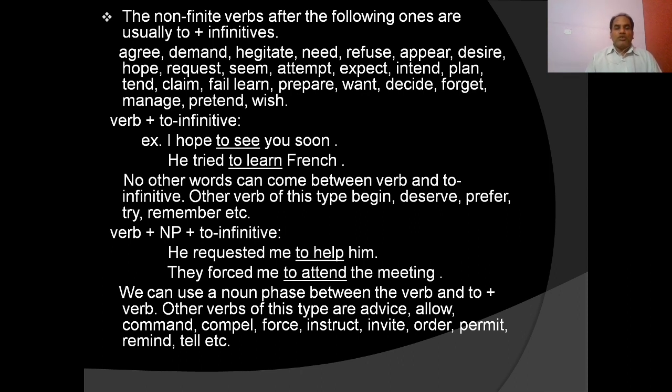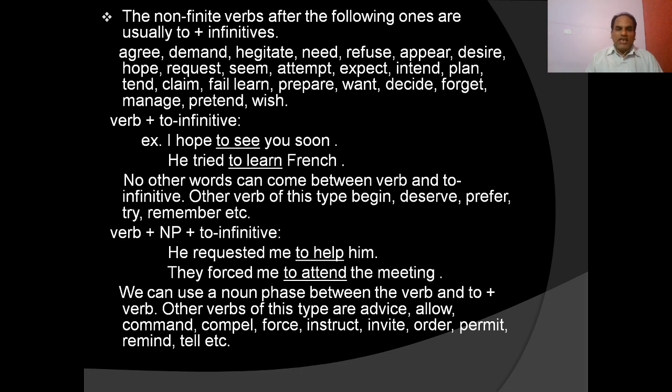So let us discuss two comparisons: verb plus to-infinitive, and verb plus noun plus to-infinitive. Verb plus to-infinitive means: I hope to see you soon. He tried to learn English. You see, hope is the finite verb, and after that, the to-infinitive is used. There is no noun phrase in between the main verb and the to-infinitive.